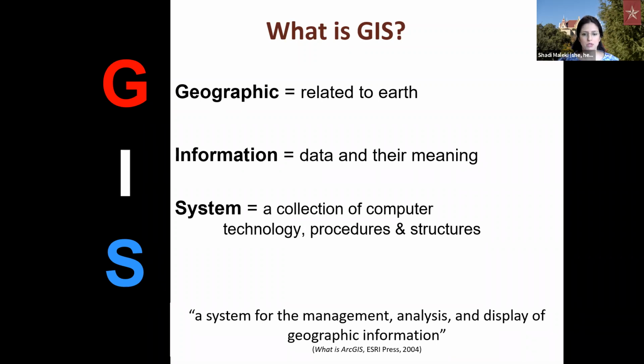Systems is all the computer software, technology, hardware, procedures, and structures that we use for GIS work. GIS stands also for Geographic Information Science, but this is mostly when we talk about the discipline of GIS. So we would say a master's in Geographic Information Science and not system, probably.